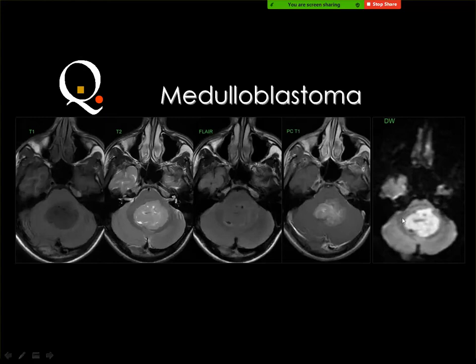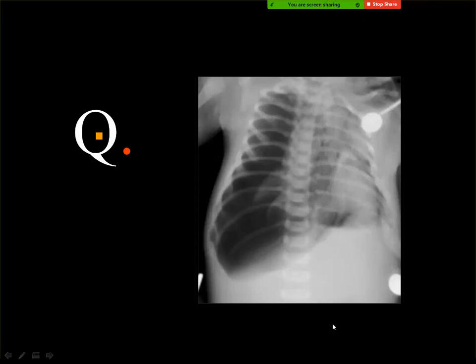And now you can use the diffusion weighted images to differentiate between the ependymoma and medulloblastoma, which have overlapping imaging criteria, but ependymoma does not show diffusion restriction, while medulloblastoma will show.